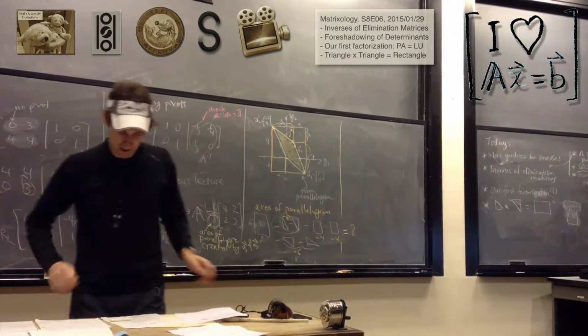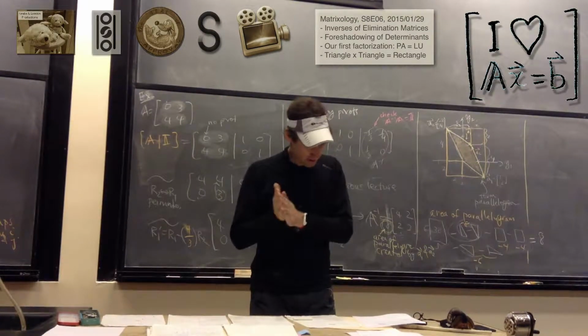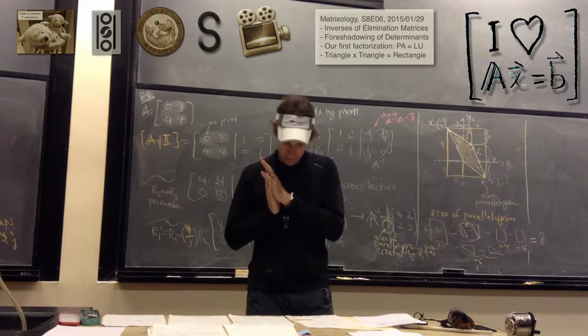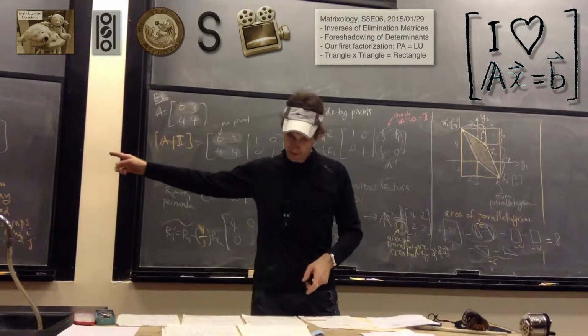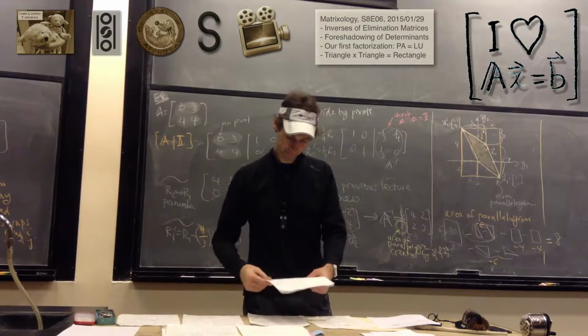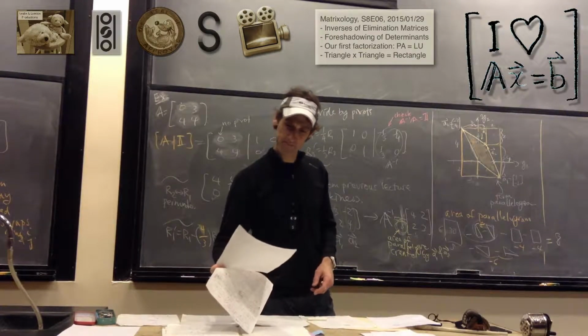All right. Okay. So, we'll not do the puzzle. Let's talk about inverses of elimination matrices. That's why I was excited about that over there. Which I don't think we talked about. Did we talk about that?